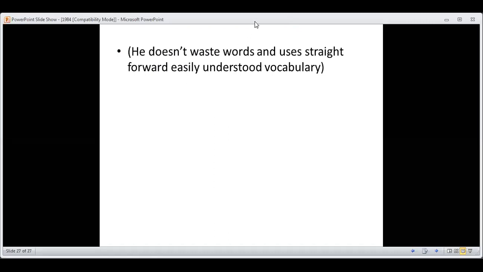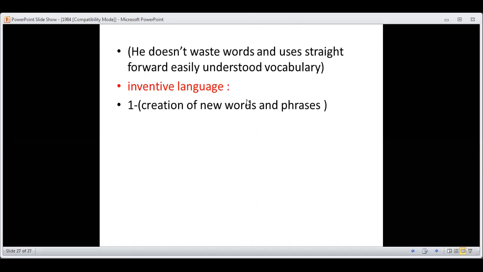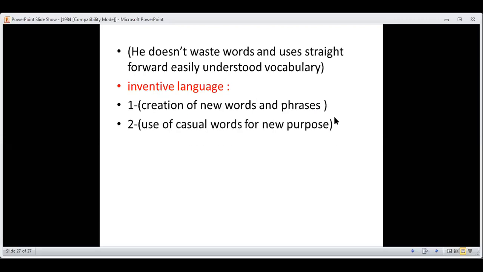I mean that he doesn't use extra words, but the words that he uses are functional, straightforward, easily understood vocabulary. And we have inventive language. He created new words and phrases.